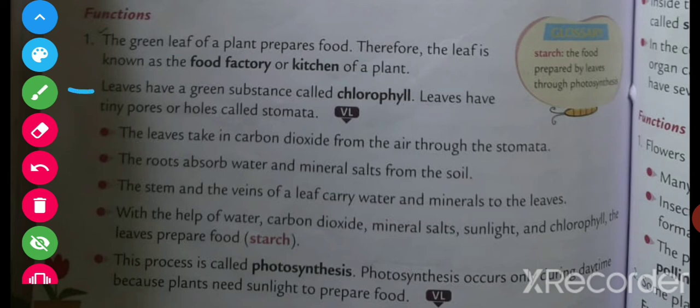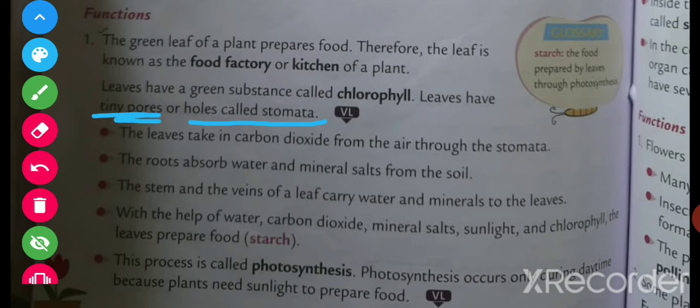Next, leaves have a green substance called chlorophyll. We saw different types of plants. Leaves are all green. Why do they look green? Because of chlorophyll. Leaves have teeny pores or holes called stomata.